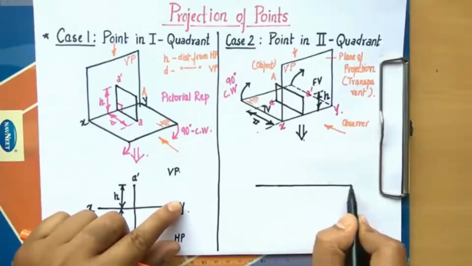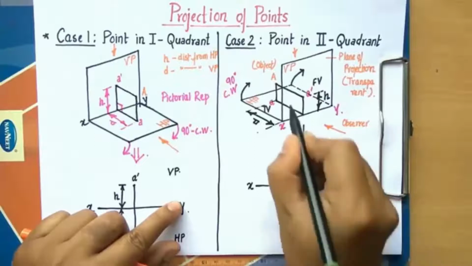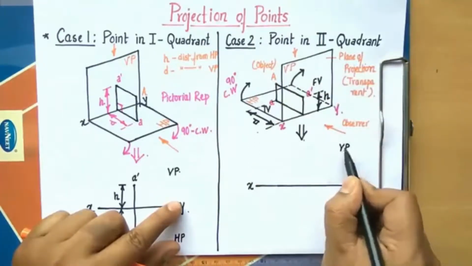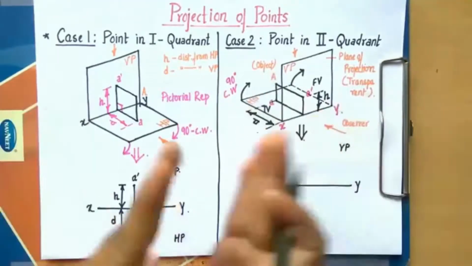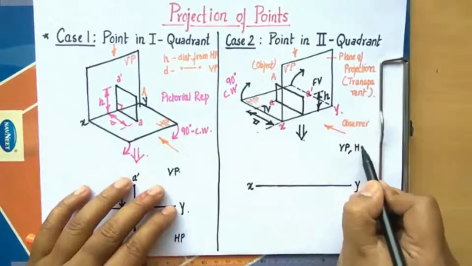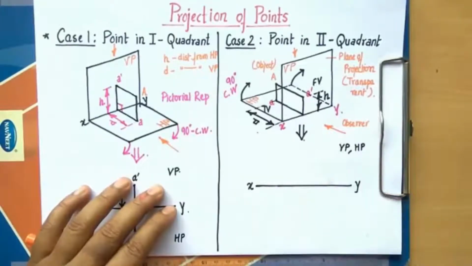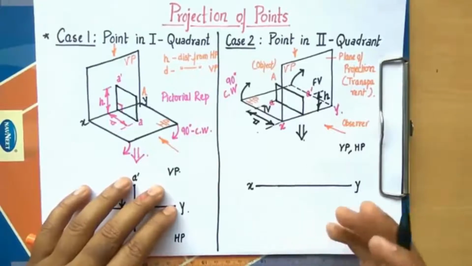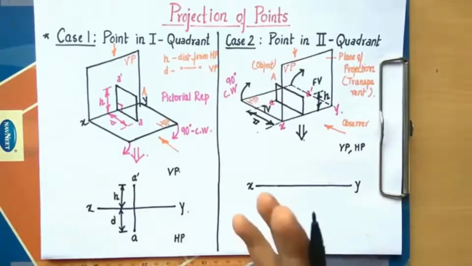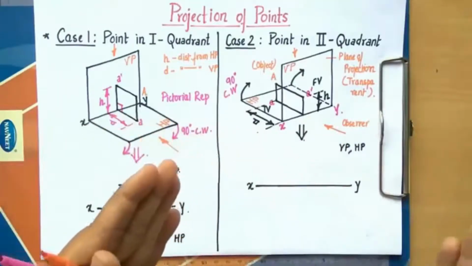This is what you call the XY line, the very popular XY line, X and Y. The vertical plane is already lying above this XY line, and since the horizontal plane comes and overlaps with the vertical plane, both of them are overlapping. You can also say that front views and top views are going to mix up, so it's going to be very difficult for you to figure out which part of this is the front view and which part is the top view.